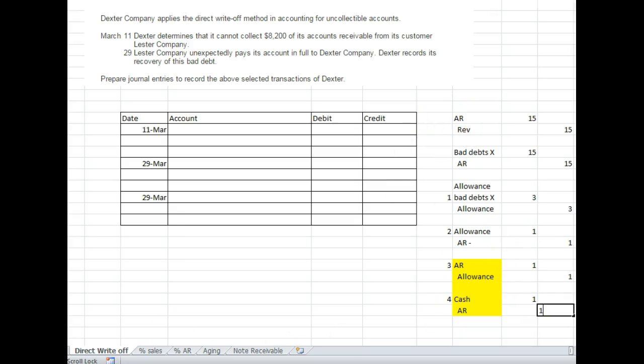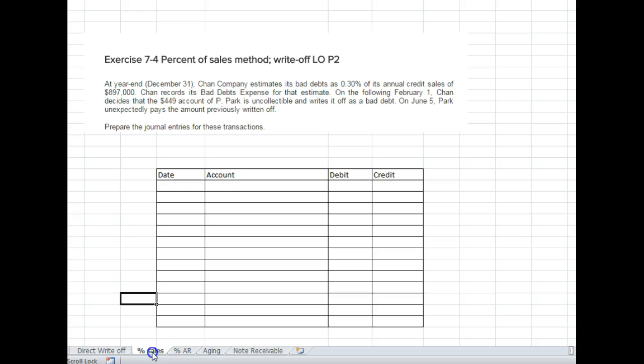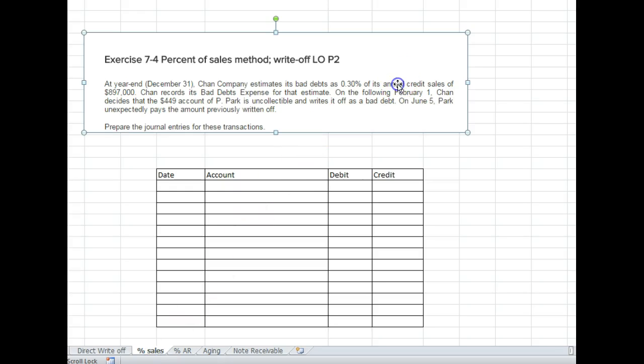Now, when you use an allowance account, there are several ways to set up for that allowance, I guess is the best way. First way is percent of sales, and that's percent of annual sales. You'll notice it's credit sales here, but it's annual credit sales.